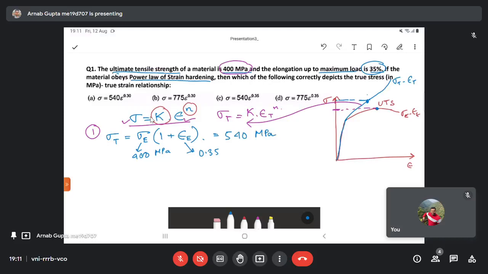So this was the first step of the problem. Similarly, we can also find epsilon t.